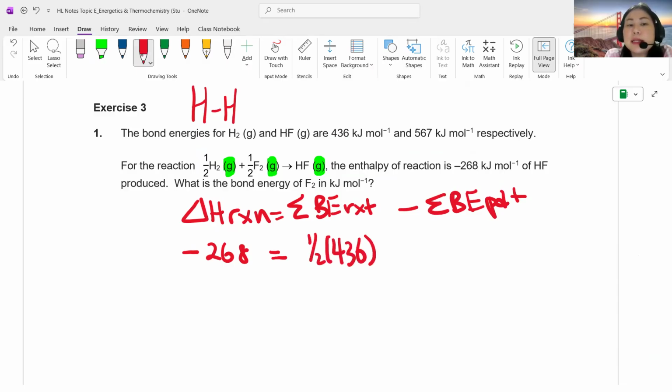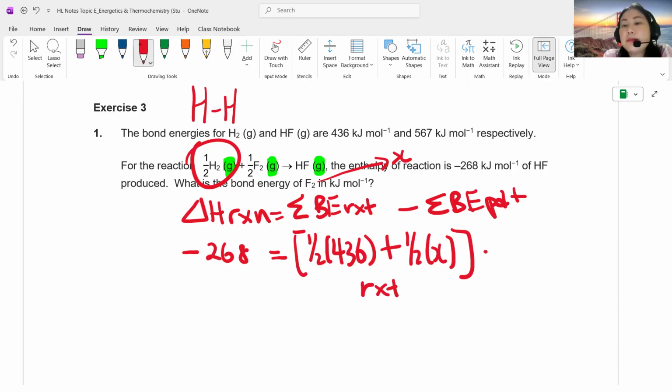That is my reactant. And I need half FF. So I don't know what is FF. Right, I let FF be X. So I plus half X. This is my reactant. Minus product is HF. HF is 567.